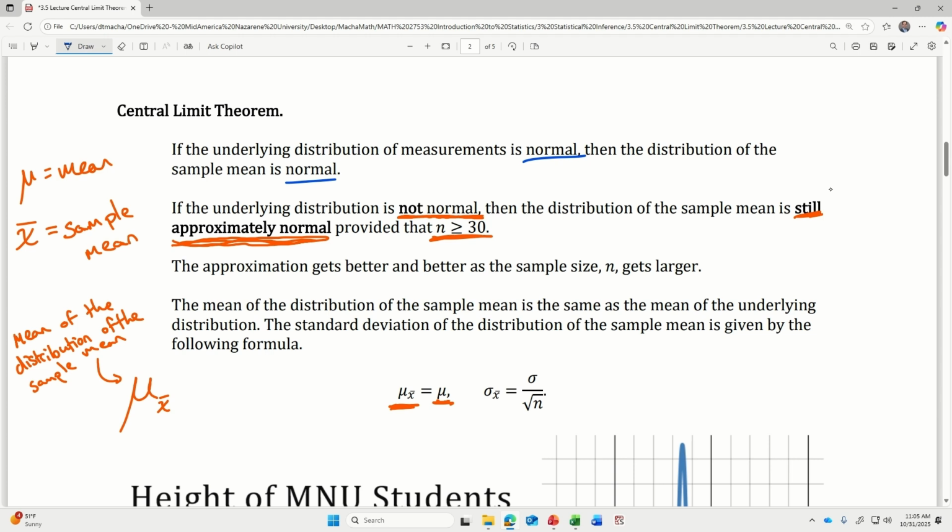Over here, this sigma with the subscript x bar, that's the standard deviation of the distribution of the sample mean. And that's going to be equal to the standard deviation of the underlying distribution divided by the square root of the sample size.